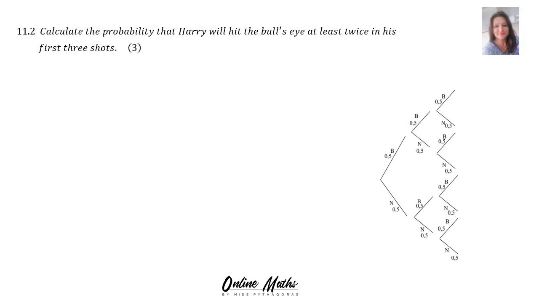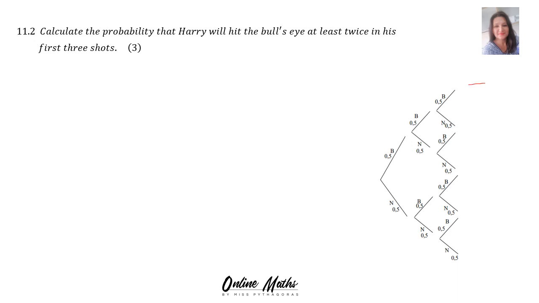11.2. Calculate the probability that Harry will hit the bull's eye at least twice in his first 3 shots. So that means you go to your tree diagram and you look for 2 B's because it's 2 bullseyes. So here you find 3 bullseyes.